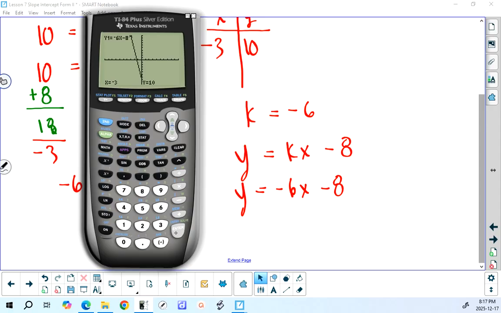If I trace negative 4, I guess it still works, since it's just a point on the line. Bottom line is this graph, y equals negative 6x minus 8, does in fact pass through the point it was supposed to pass through, negative 3 comma 10. So there's that point, negative 3 comma 10, and it's on there.